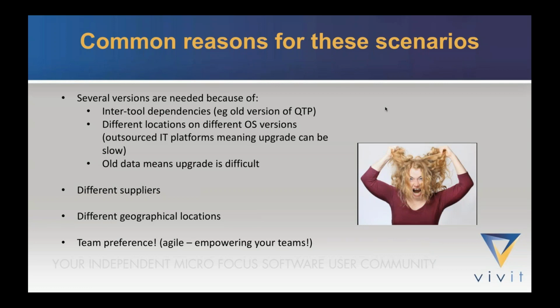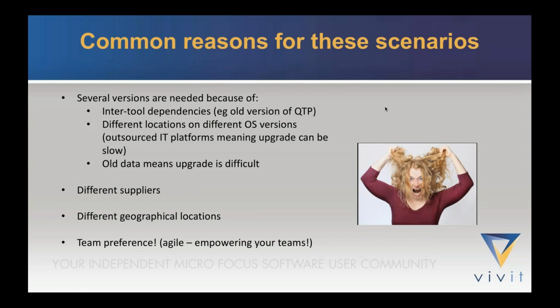Other reasons why you might have different instances as well as different projects is different suppliers. So you might have outsourcing to 3 different suppliers. They're not supposed to talk to each other. So the siloing is actually deliberate, but you need to share the defects.